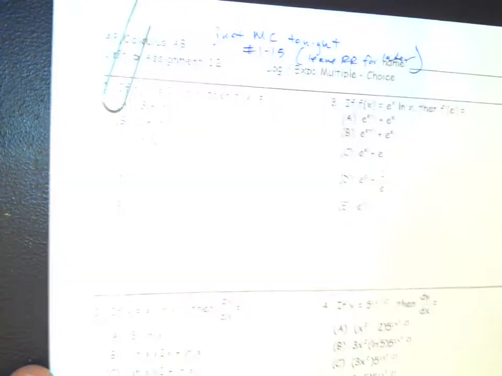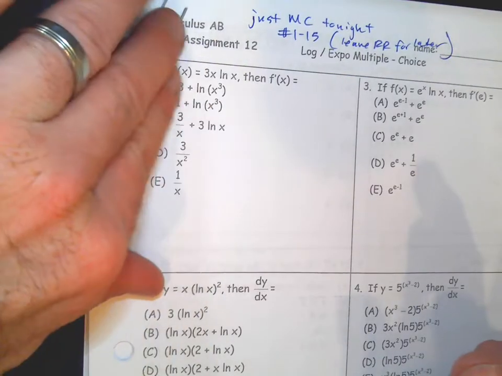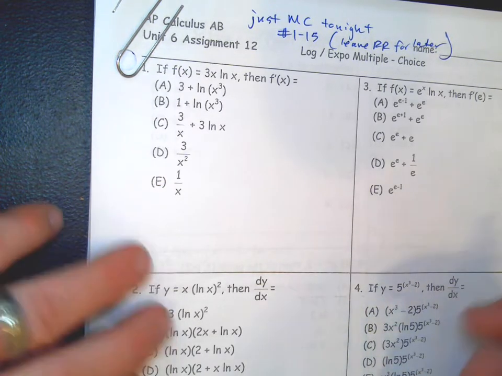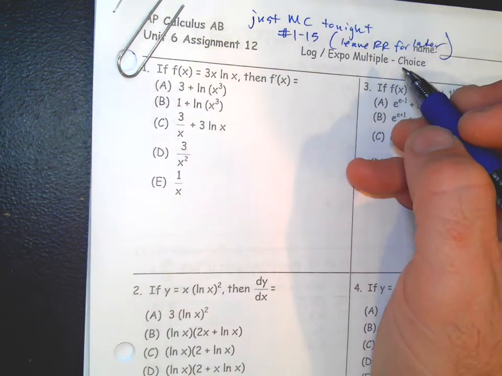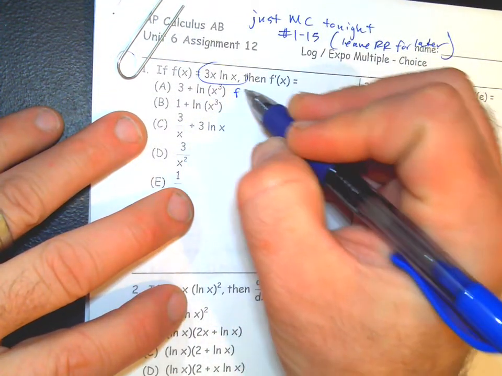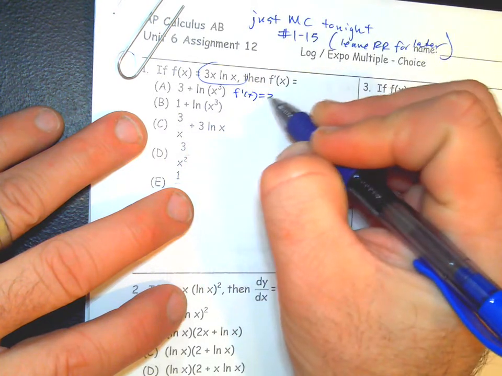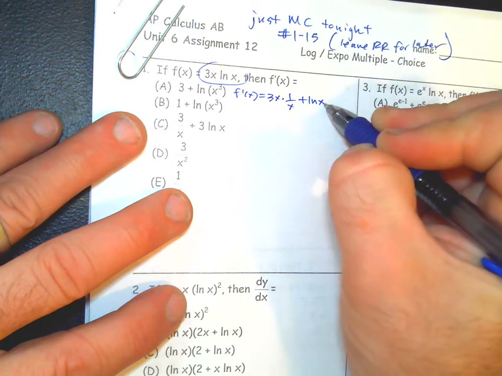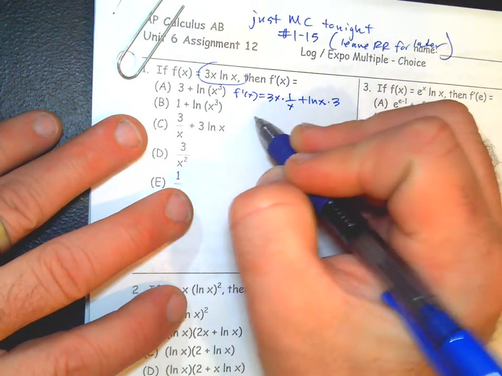let's see. So some of this is log and exponential derivative practice. So we've got to do a product rule here. f prime of x equals 3x times the derivative of natural log of x, which is 1 over x, plus natural log of x times the derivative of 3x, which is 3. We'll try and clean it up.